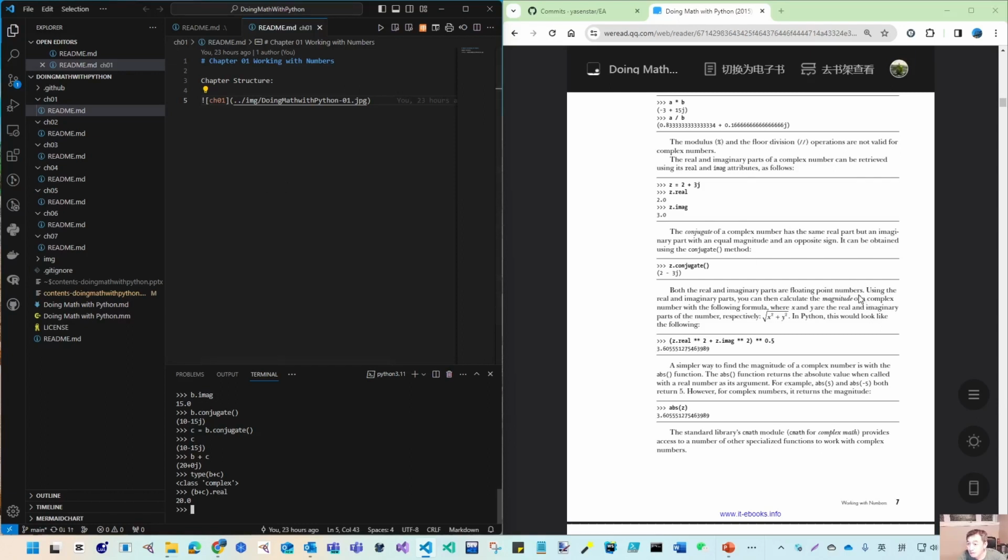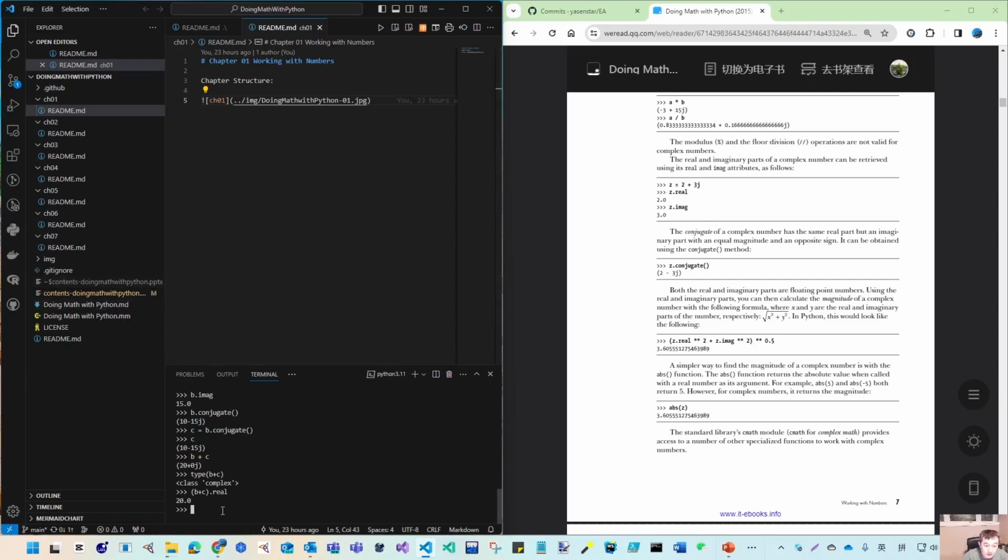And then we have another concept to introduce: you can calculate the magnitude of a complex number. This magnitude is a square root of x to the power 2 plus y to the power 2. In Python, this would look like this: we extract the real part, then extract the imaginary part, then raise it to the power of 1/2, so it's 0.5.